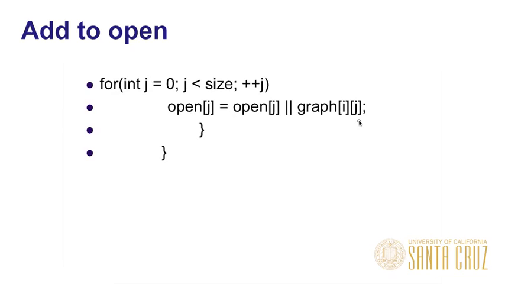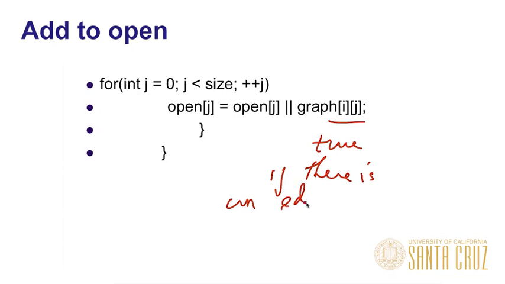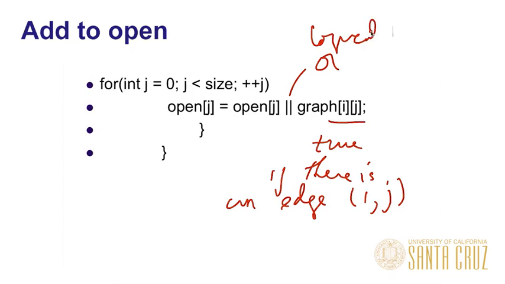Recall, this is just our note. This is true if there is an edge ij in the graph, and this is just the logical OR operation.